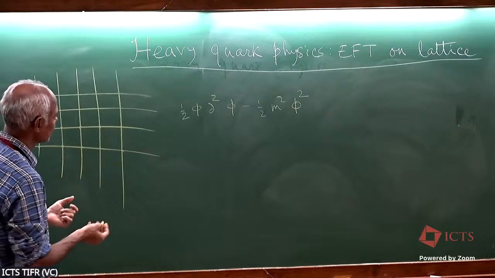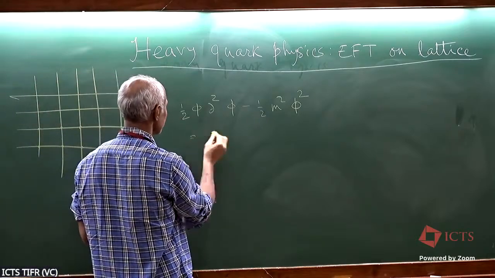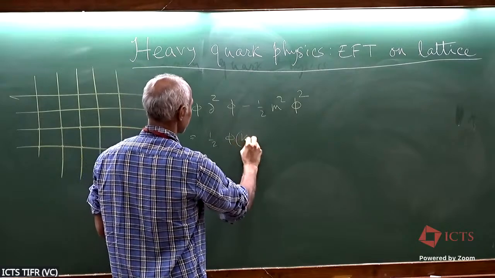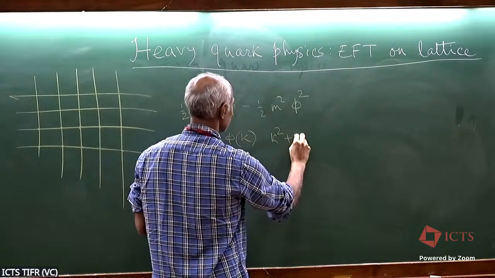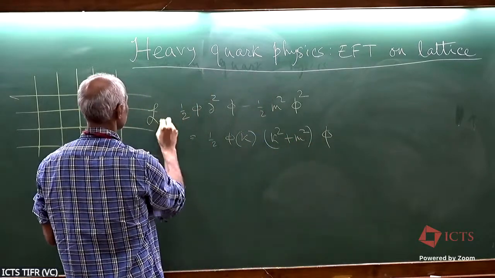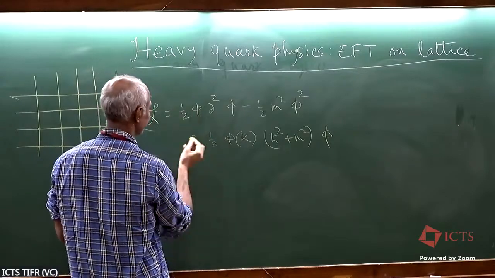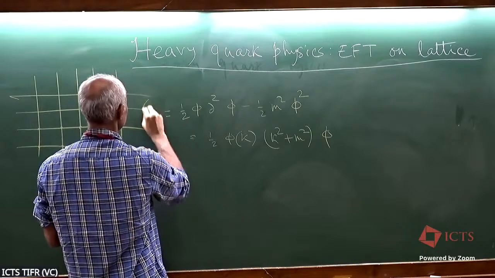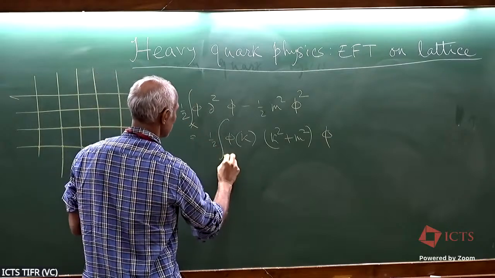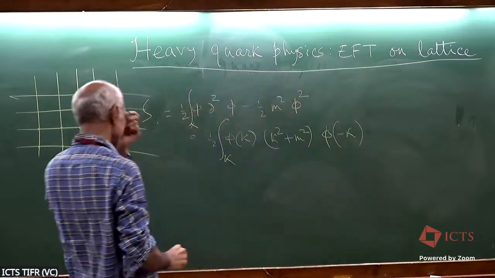And this in continuum gives you, when you go to momentum space, you get half pi k. Like that.